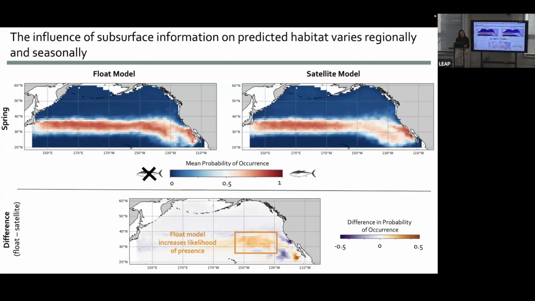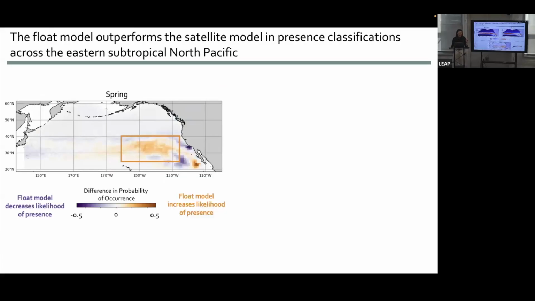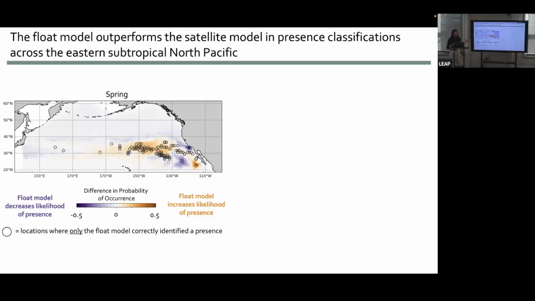But what we really want to know is if this increased probability of finding a fish suggested by the float model is actually accurate. Does that align with behaviors that we are seeing with the fish? If we overlay the locations where only the float model accurately classified a fish presence, we see that it overlaps quite nicely with the region where the float model predicted a higher probability of presences.